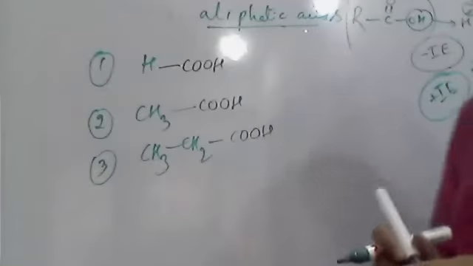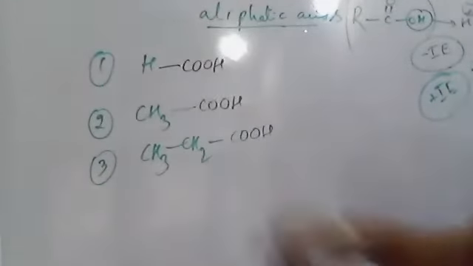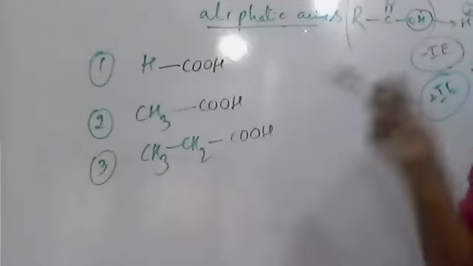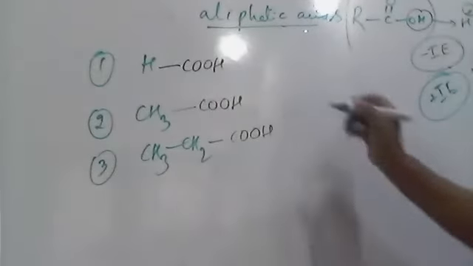Now what are the groups in these molecules? 1, 2, 3. To the COOH group, what are the groups attached?